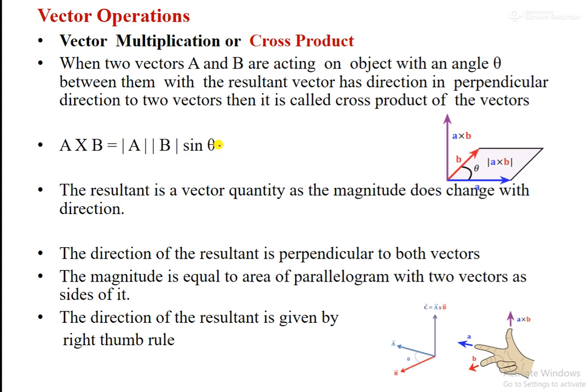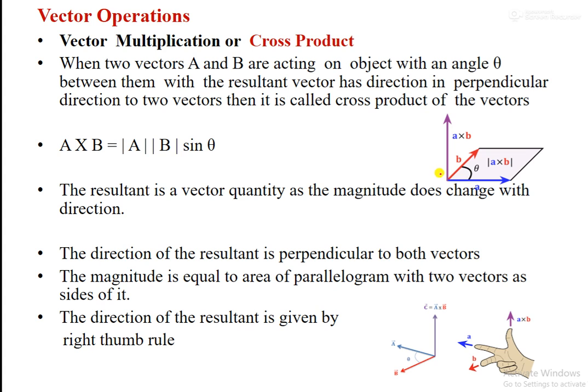In the previous dot product, the resultant is not perpendicular to these two vectors; it is parallel to them, so we got a dot product. But in the cross product, the resultant will be perpendicular to both vectors.